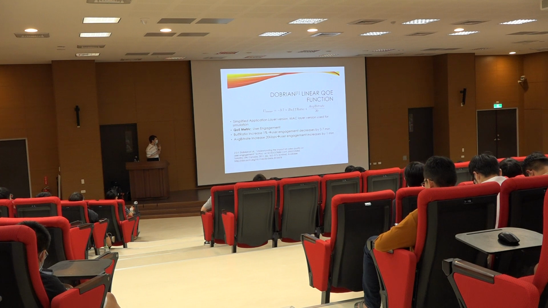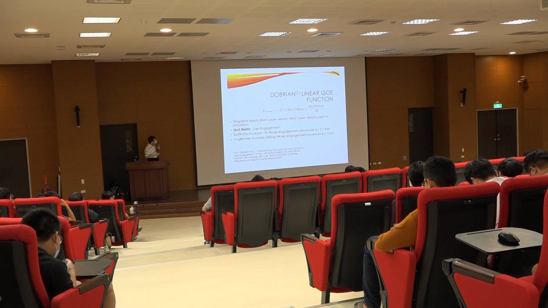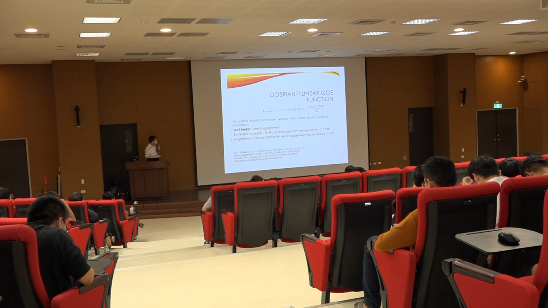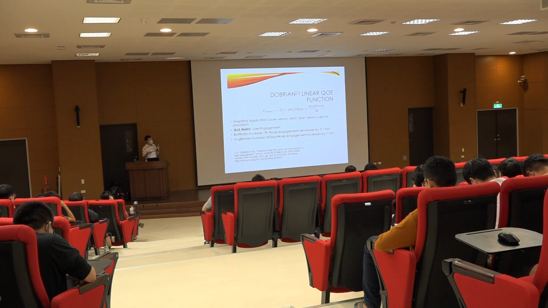This isn't politics or something. It's just how long people are willing to stand waiting. People hate waiting. That's pretty much the point. And so for every 1% increase of buffer ratio, watching decreases by 3.7 minutes, and every 20 kilobits per second increase in average bit rate increases engagement by 1 minute. So you see, if one person maximizes their video quality, it could adversely impact another TV channel.